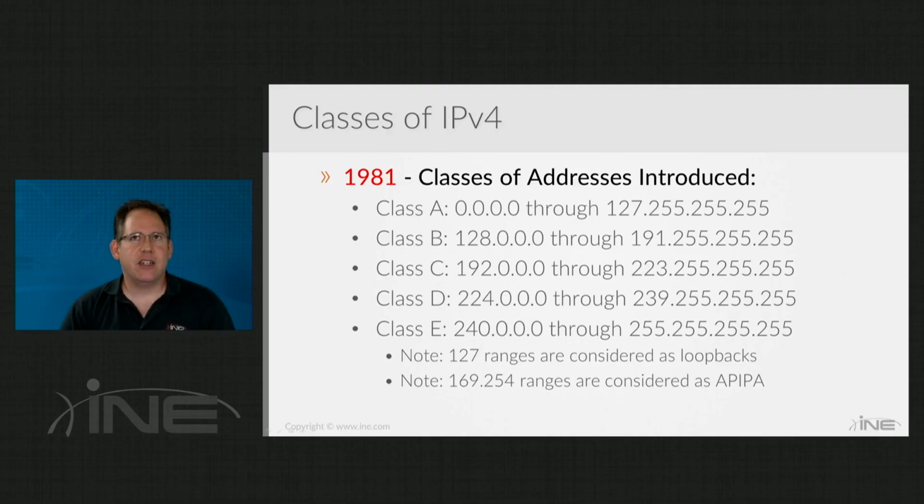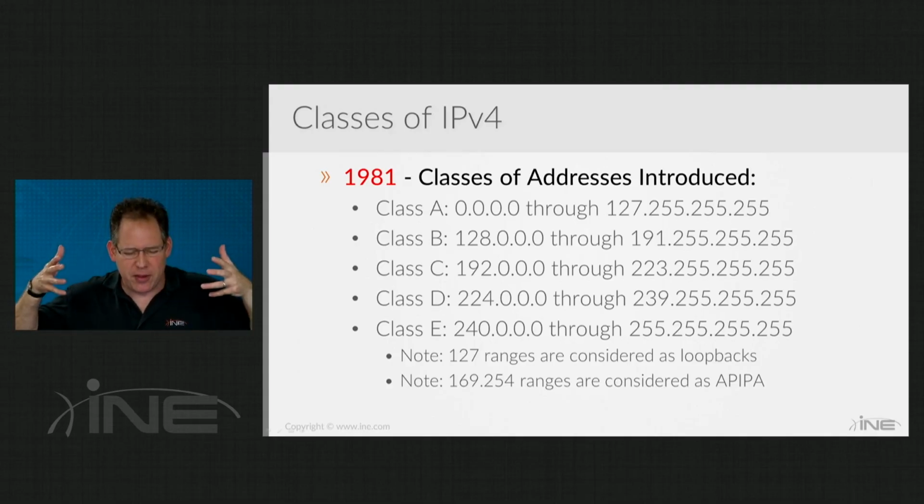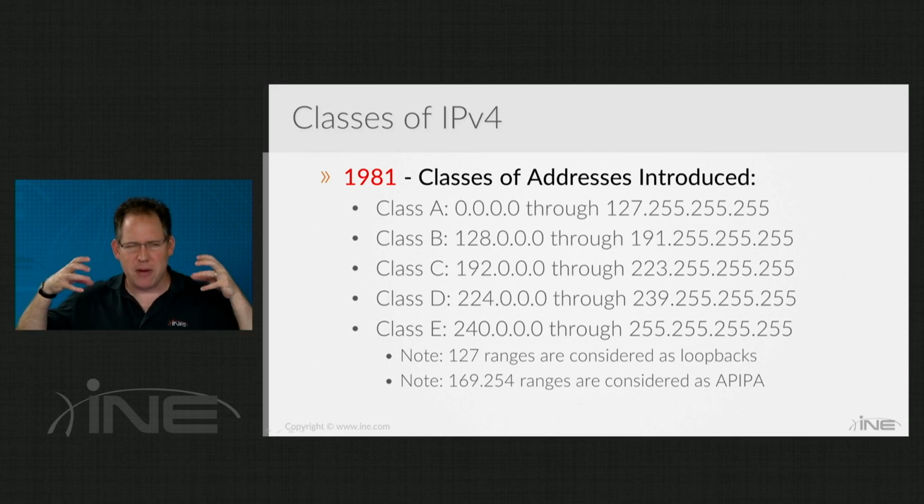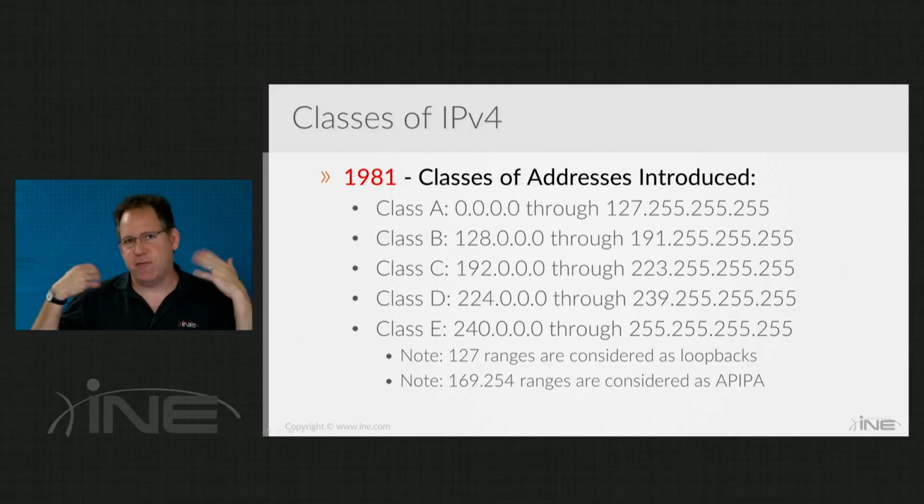The way I understand this is that any device that's running IP, whether it be a router or a laptop or a tablet, when you tell that device, hey, I want you to create a packet, and I want the destination of that packet to be 127 dot anything, the way that device interprets it, it says, okay, that means I'm testing myself. I'm testing to see if my own IP protocol is working and is functional.